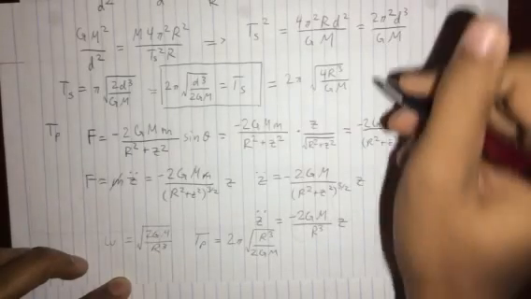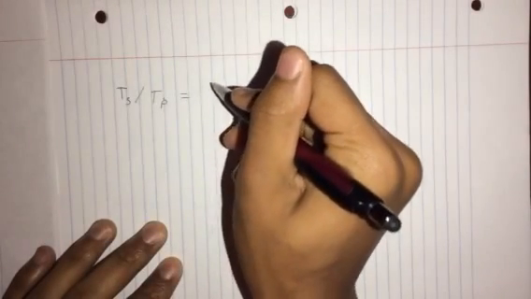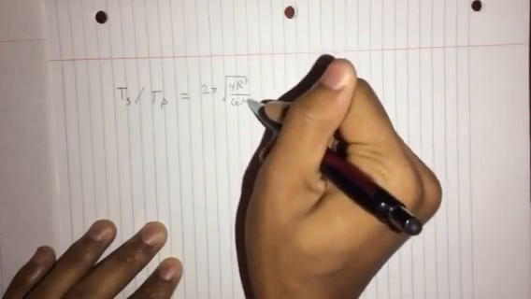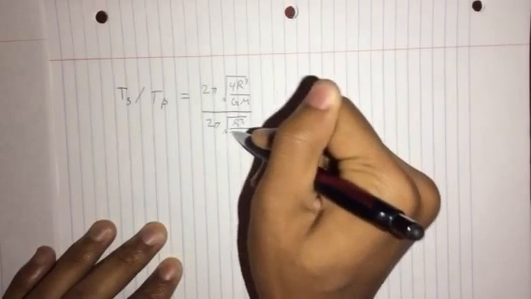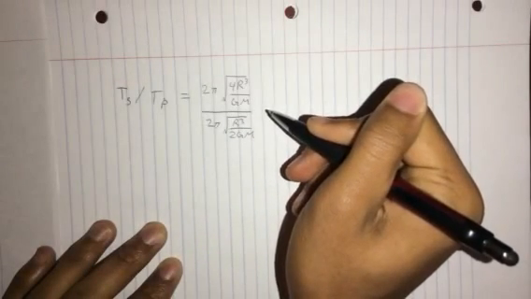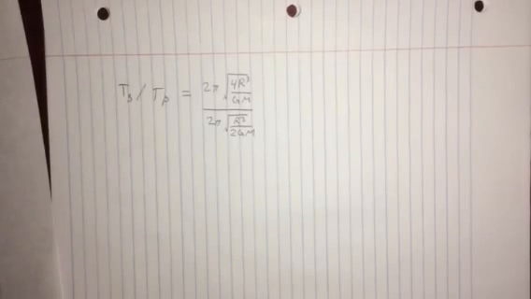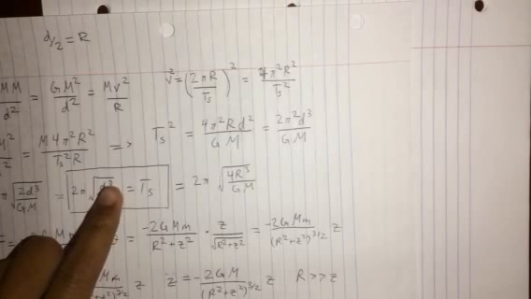We want the ratio Ts over Tp. So finally, Ts over Tp equals 2 pi root of 4r cubed over GM, divided by 2 pi root of r cubed over 2GM, which is, let's see, did I do this right? D is 2r, so you get 8r cubed.